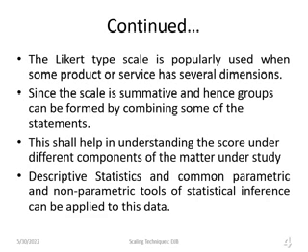The Likert scale is popularly used when some products or services have several dimensions and we need to compare or identify them. Since the scale is summative, we can form small subgroups of the statements, made in such a way that the statements within a subgroup have something in common, and then we can sum across the subgroups.